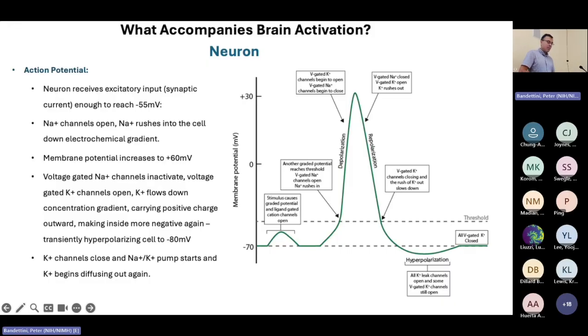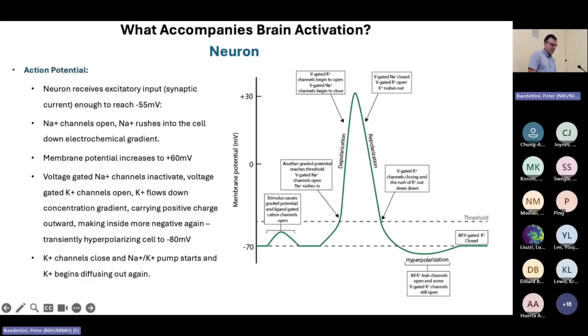The sodium channels open, sodium rushes into the cell down an electrochemical gradient, and the membrane potential increases to 60 millivolts. Then the voltage-gated sodium channels inactivate, and voltage-gated potassium channels open.